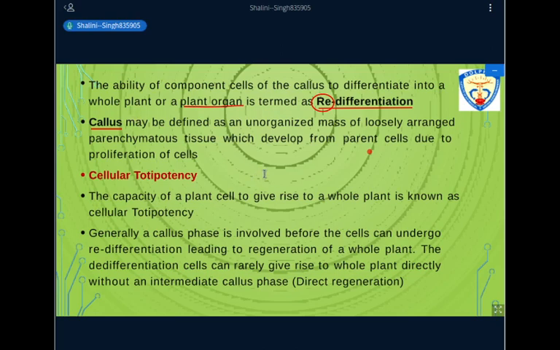What is an ideal plant? That means it is growing in the best of the best conditions. It is well irrigated and it is not having any disease attack, not any insect attack. So it should be an ideal conditioned plant.